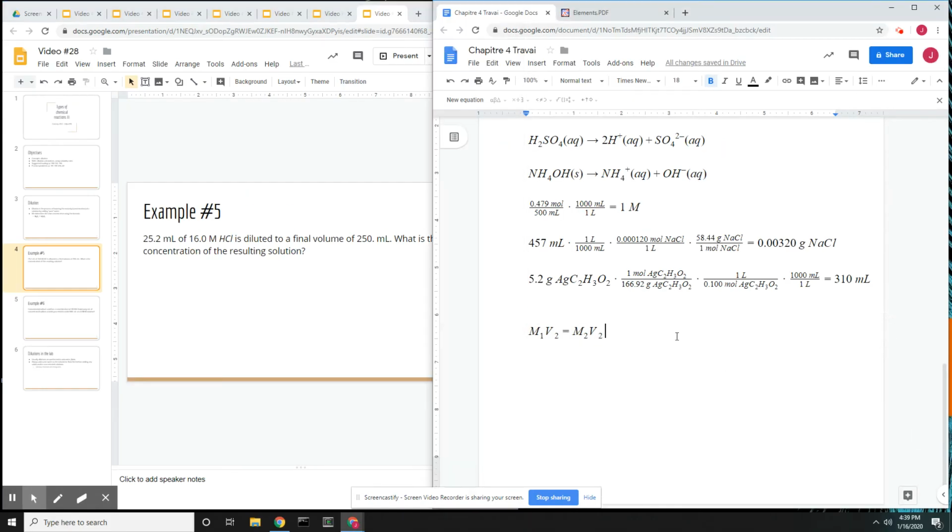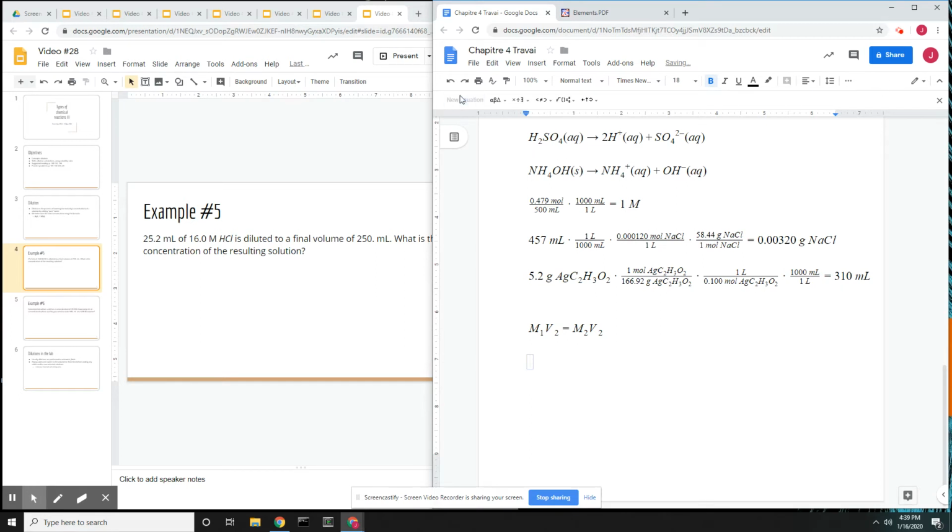Right, so I'm going to work through this pretty straightforward question. I'm looking for M2 here. Because both of my volumes are in milliliters, I don't need to convert them to liters.